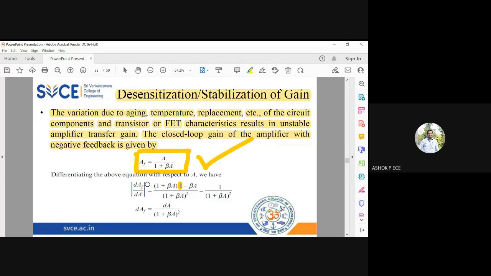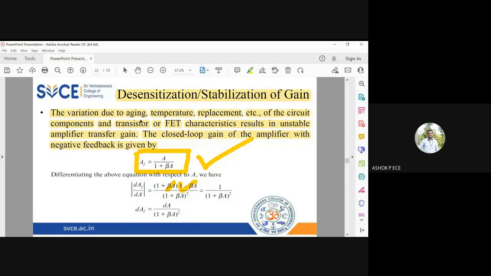If you see the numerator, 1 plus beta A minus beta A, plus beta A and minus beta A will get cancelled. So what you get is 1, so 1 by (1 plus A beta) the whole square. So dAF by dA is 1 by (1 plus A beta) the whole square, or I can write, cross multiplying, dAF equal to dA by (1 plus A beta) the whole square.